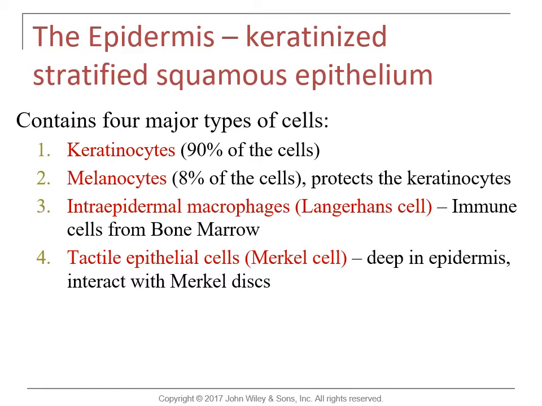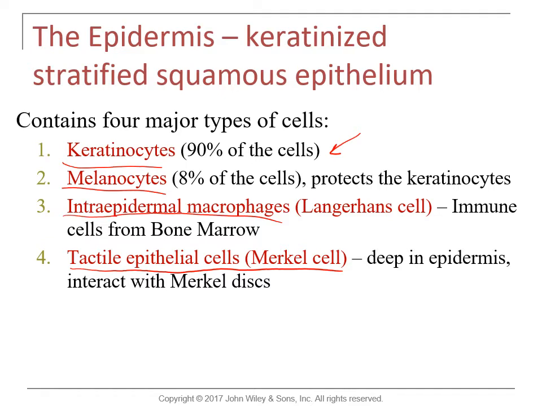It contains 4 principal types of cells. We have the keratinocytes, the melanocytes, the intraepidermal macrophages, or Langerhans cells, and then the tactile epithelial cells, or the Merkel cells. 90% of the cells in the epidermis are keratinocytes.